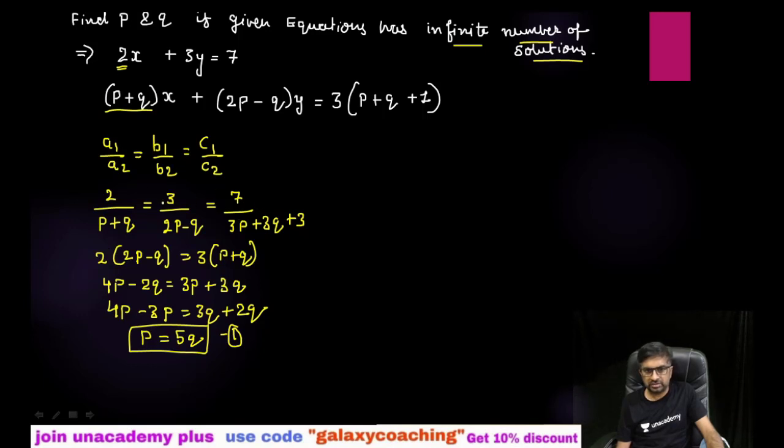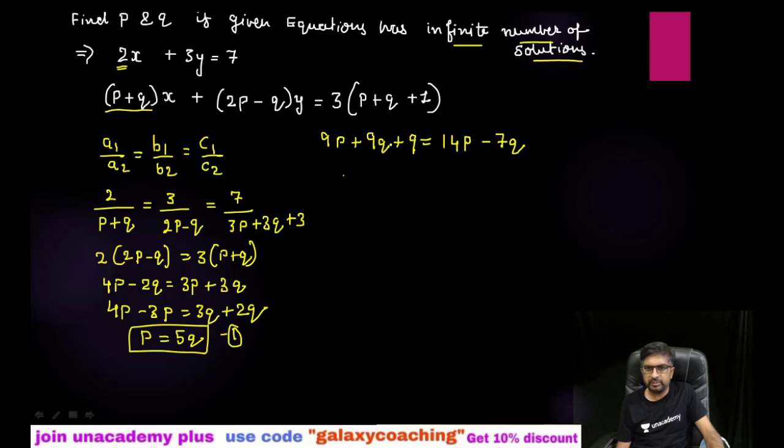Now with the help of b1 by b2 equals c1 by c2, find another equation. Let me multiply 3 with all of this. You will get 3 3s are 9p plus 9q plus 9 equals 7 multiplied with this 2: 7 2s are 14p minus 7q. Now take all the terms on one side.